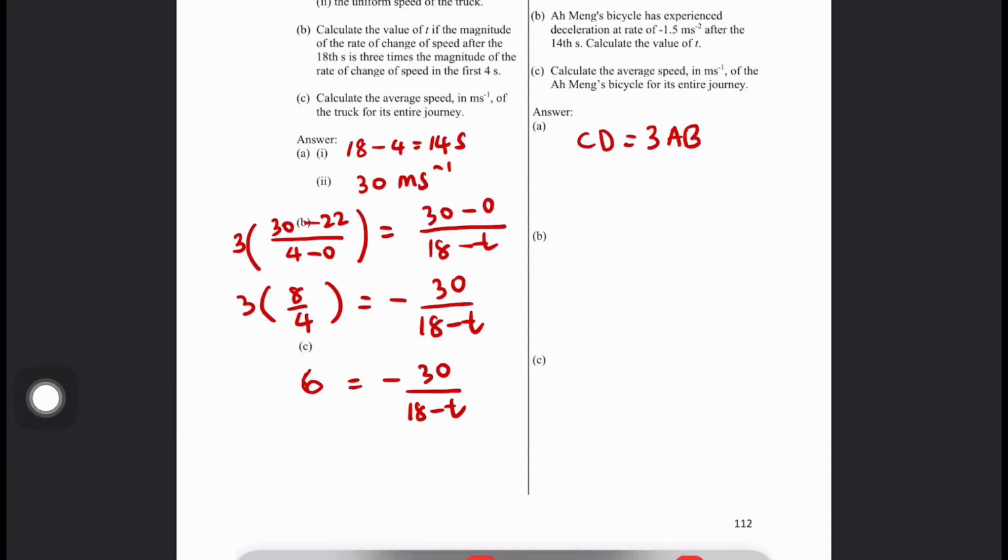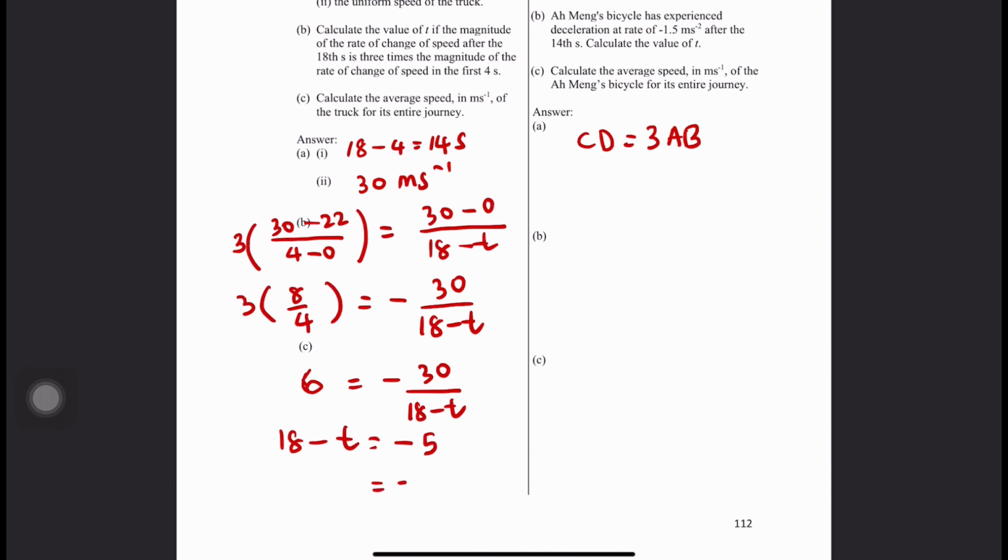Okay, so kita ambil 6. Kita cuba okay, 18 minus t is equals to negative 30 divided by 6. Kita dapat negative 5. Okay, next.